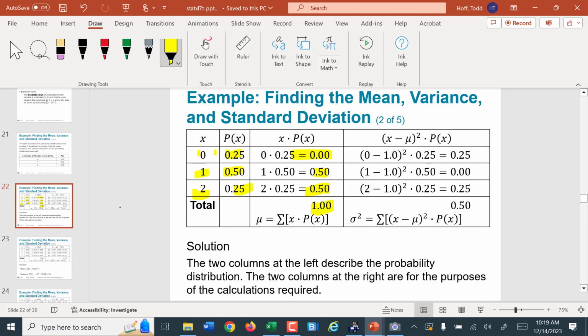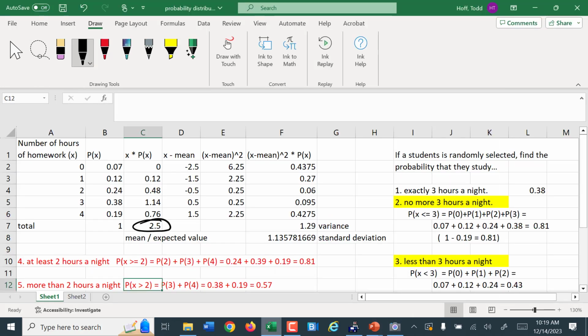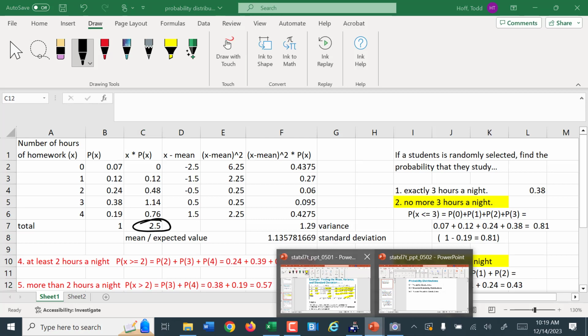The variance then, we go through the formula. This is using the alternative formula. We have a variance of 0.5. For this class, you're always going to be allowed to use Excel for those calculations. So I recommend, again, you look over this worksheet that we did and get good at using that to find variance and standard deviation so that you don't have to use these formulas.